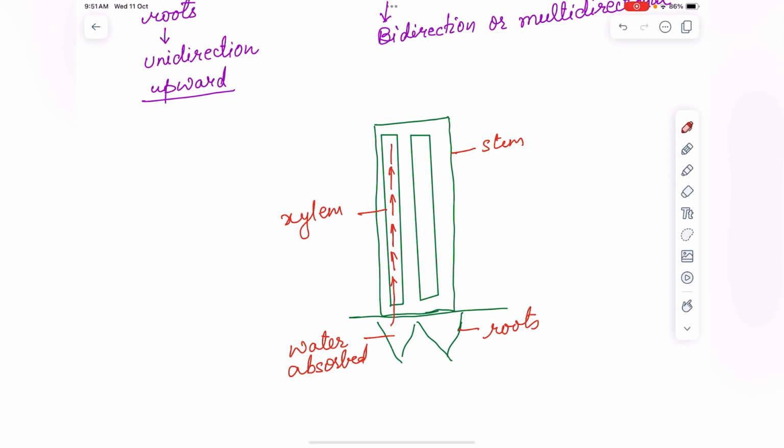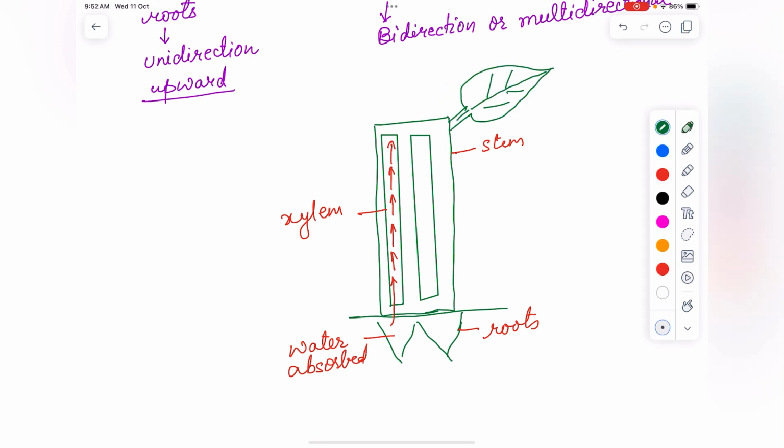Upward movement will be there, but food is prepared in the leaves. Food will be prepared in the leaves. So this food will be transported. How will it be transported? From leaves to the roots, and bidirectional. On this side and this side also movement will take place. I hope it is clear.